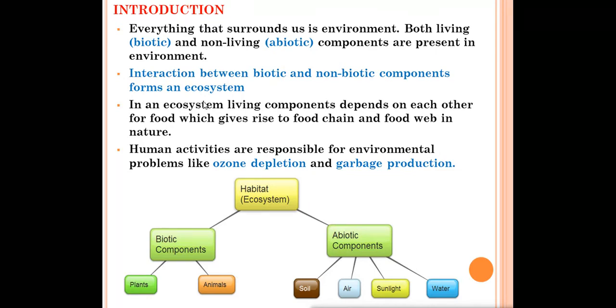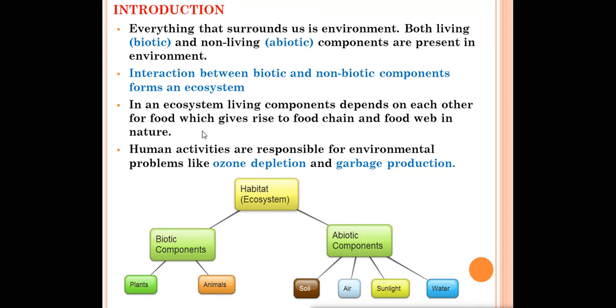Now, what is ecosystem? About ecosystem also we have to read in this chapter. The interaction between the biotic and non-biotic components forms an ecosystem. Means when the biotic components like plants and animals interact with the soil, air, water, temperature, that is called ecosystem. In an ecosystem, living components depend on each other for food, which gives rise to food chain and food web in nature.